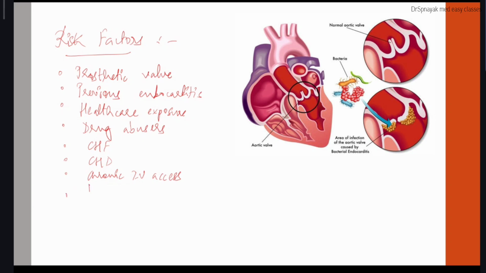Sometimes fungi are also known to cause endocarditis, even though it is much less common than bacteria, but it could also be a factor. And then a cardiac implantation device. So these are the risk factors which can lead to endocarditis in patients.